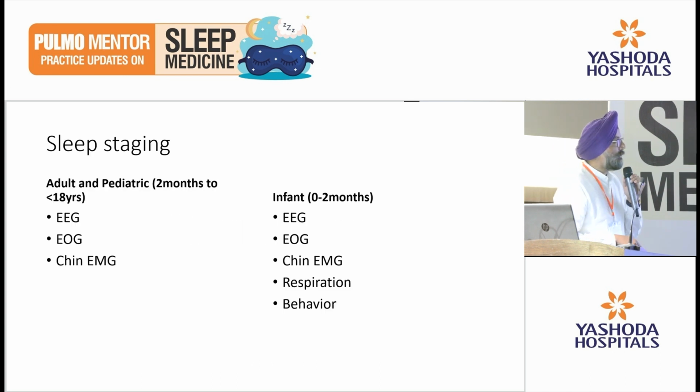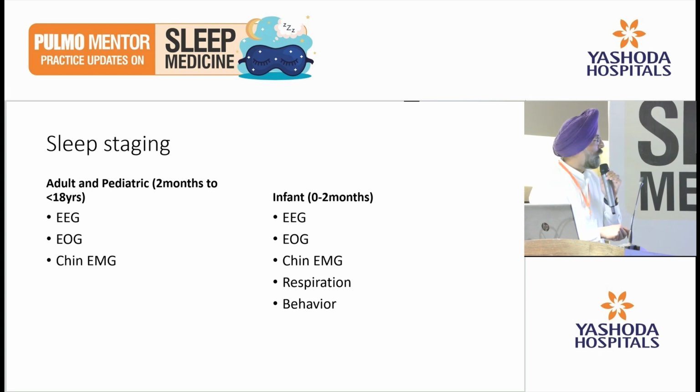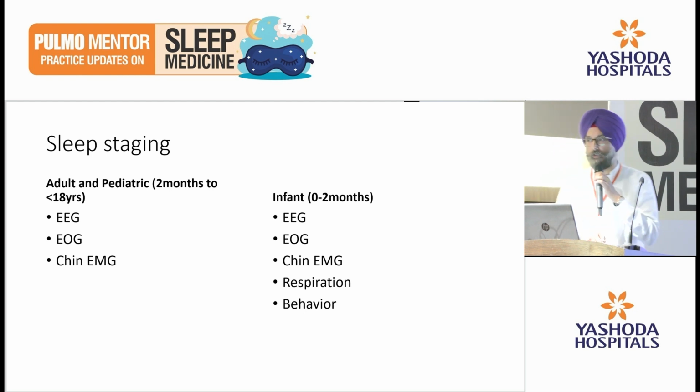Now, when it comes to sleep staging, if you have an adult or pediatric patient 2 months to 18 years of age, you will be depending upon EEG, EOG, and chin EMG for doing the sleep staging. But if you have a pediatric infant patient, that is first 2 months of life, you will be depending upon EEG, EOG, and chin EMG, but you will always also need to pay attention to the respiratory pattern and the behavior of the child to do the sleep staging.